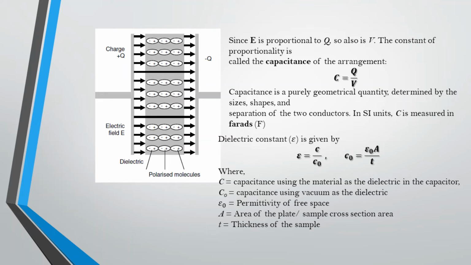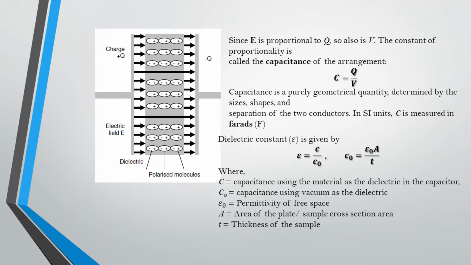So this proportionality is called capacitance. Capacitance is dependent on geometrical quantities like the shape and size of the material and the separation between the two conducting probes. Now the dielectric constant we can also define as the ratio of the capacitance of the material and the capacitance using the vacuum as the dielectric, that is C and C0.